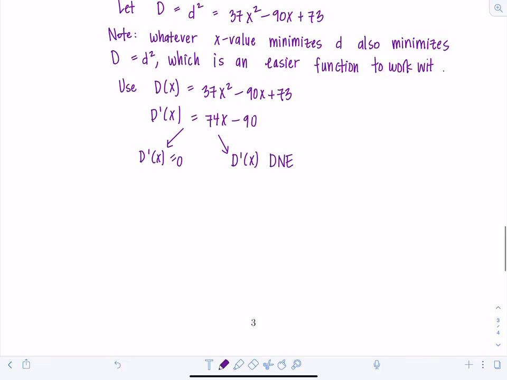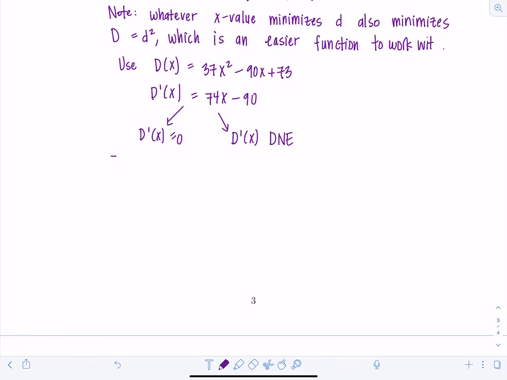Well, D prime of x equaling 0 would mean 74x minus 90 is 0, which would mean x equals 90 over 74. D prime of x does not exist, that doesn't ever happen. Again, it's never undefined, so there's no values there. 90 over 74, I can reduce that, right? Divide by 2, that's going to be 45 over 37.